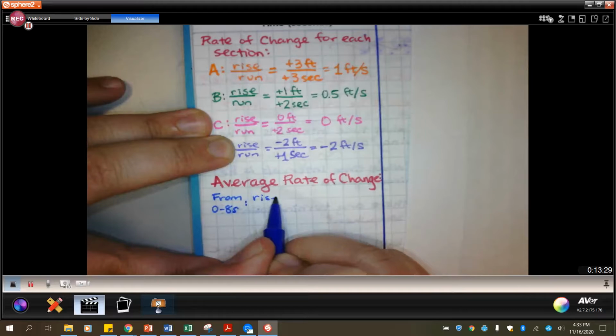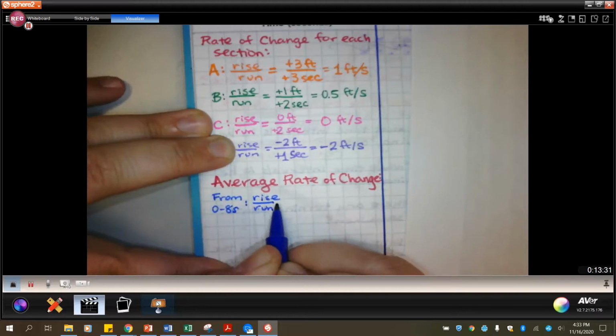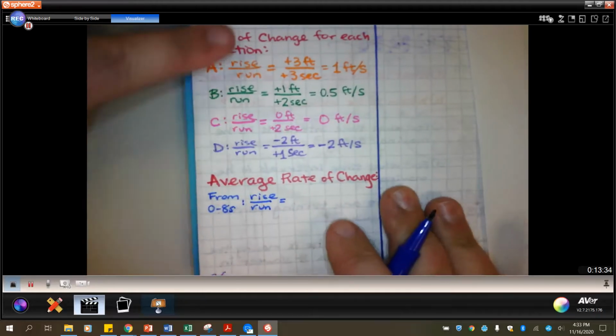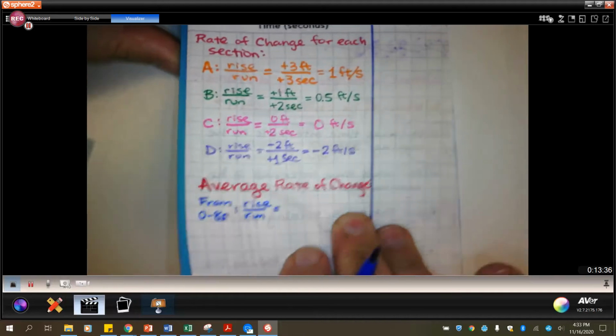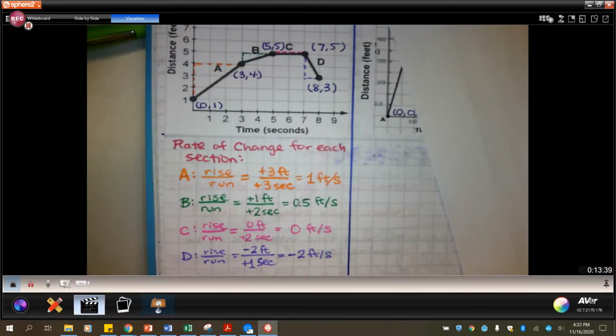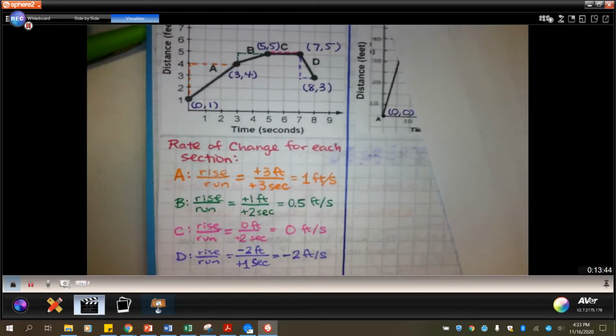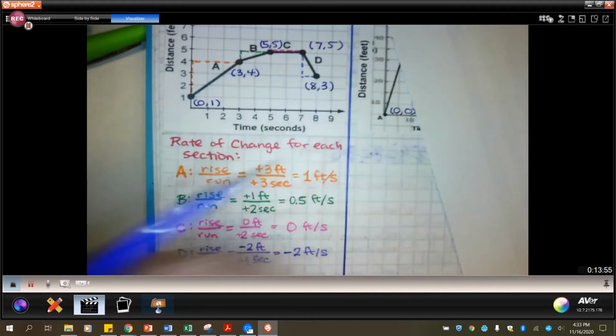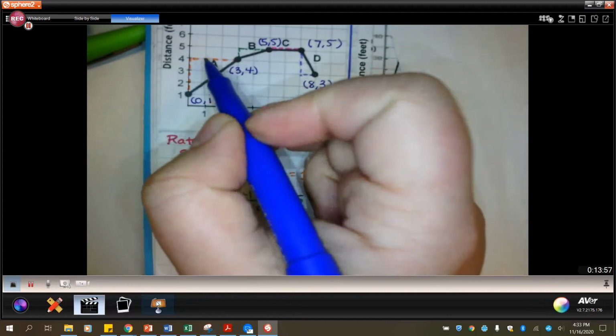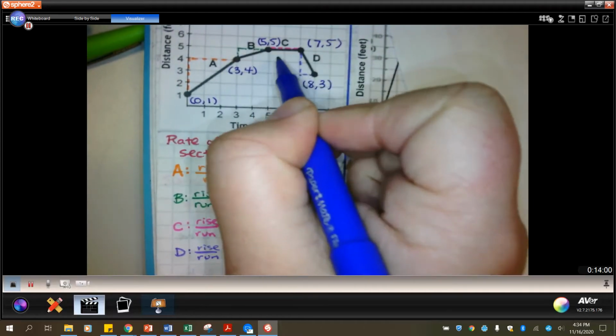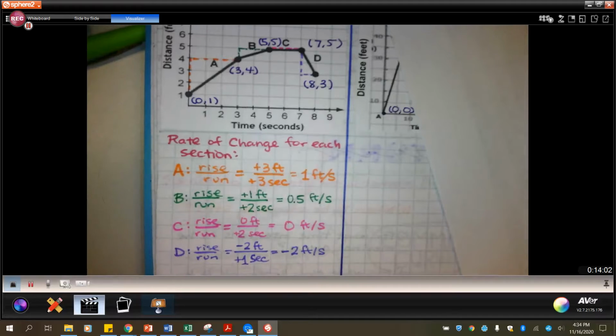So I'm going to write rise over run, but then I have to go up to the graph. Rise over run. Okay, so I'm going to keep that there. I'm going to go on up now to here. So what I want to do is remember, we're essentially saying, yes, there's all this stuff that happened, but what if someone just did 1 speed the whole time, or essentially we average out the speeds that are happening here to find the average, because there's like faster times, there's 0, there's negative, there's positive, but what is happening overall?